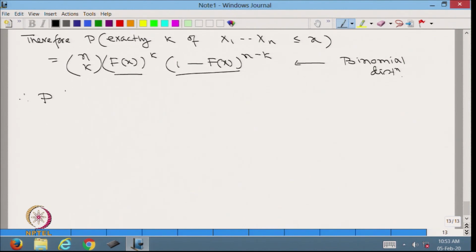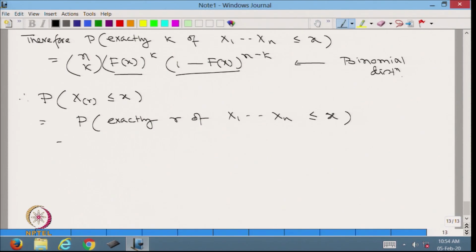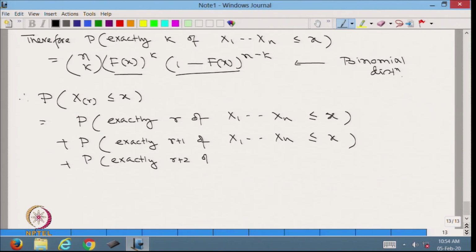Therefore, probability X_r less than or equal to x is equal to the union of the disjoint events: probability exactly r of X_1, X_2, ..., X_n less than or equal to x, plus probability exactly r plus 1 of X_1, X_2, ..., X_n less than or equal to x, plus probability exactly r plus 2 of X_1, X_2, ..., X_n less than or equal to x.